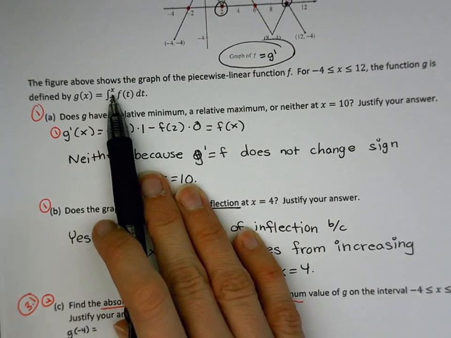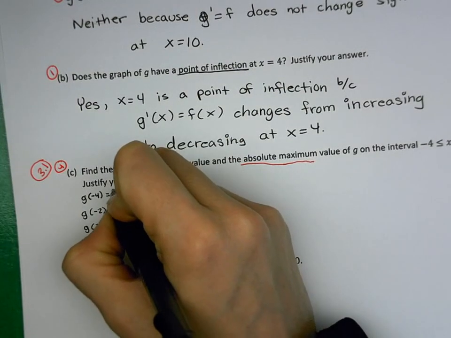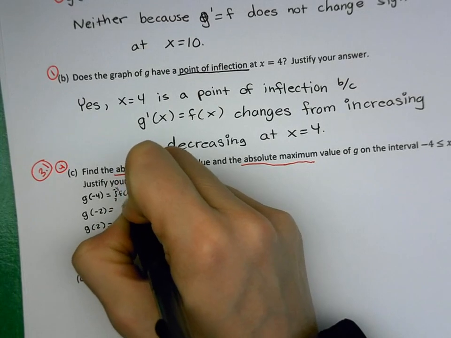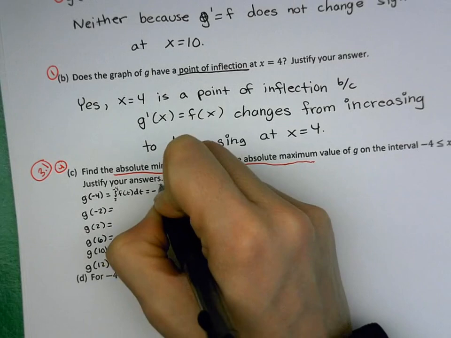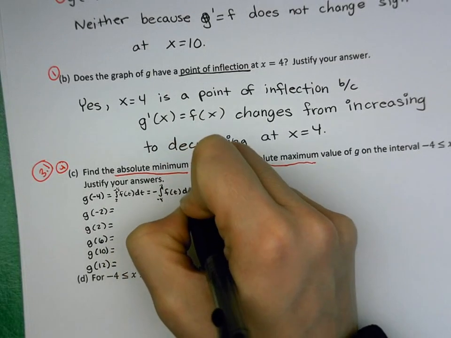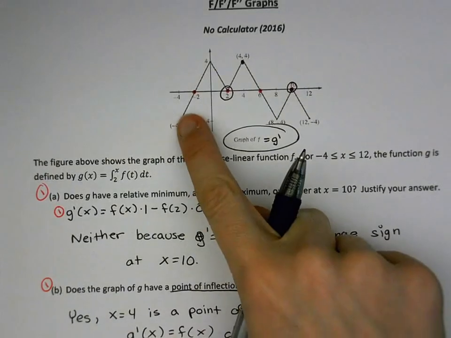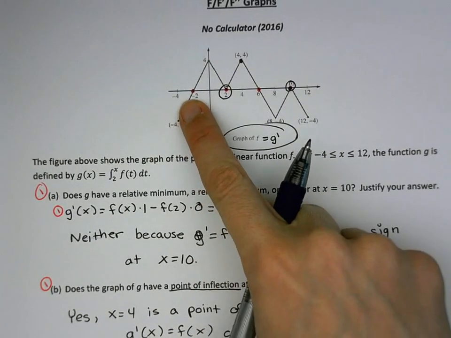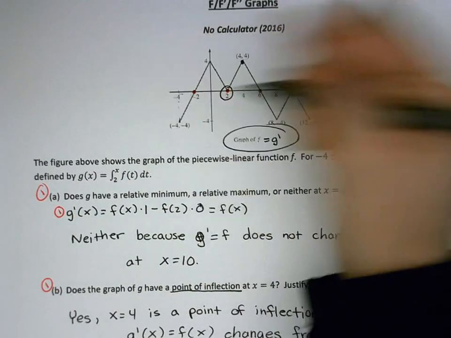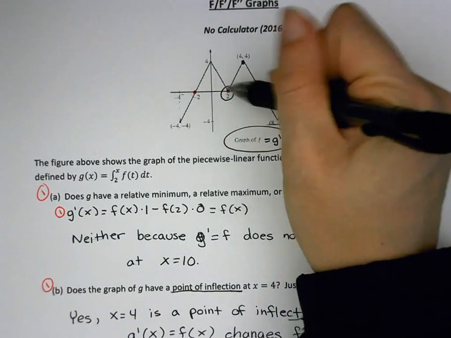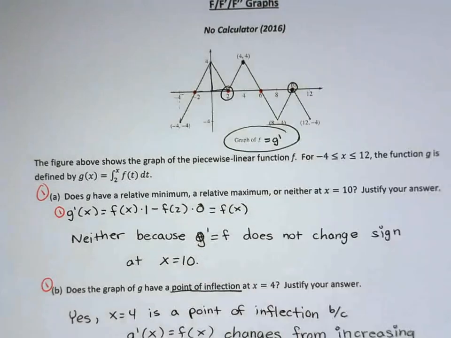Okay, so negative 4, we have the integral from 2 to negative 4 of f of t dt, which is upside down. So this is negative 4 to 2 of f of t dt. And negative 4 to 2 is this little triangle below the x-axis. So 1/2 base of 2, height of 4, and negative because it's below. And then the rest of the way to 2 is this triangle here, 1/2 base of 4, height of 4, positive because it's above the x-axis.